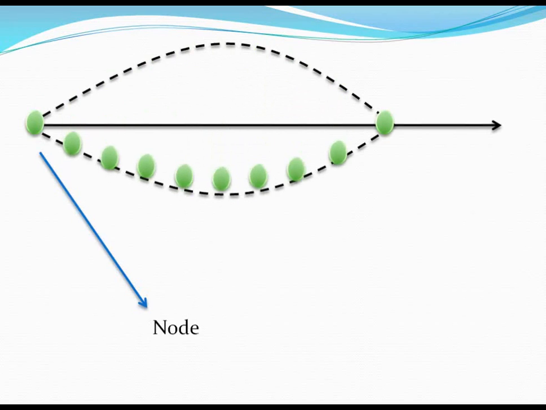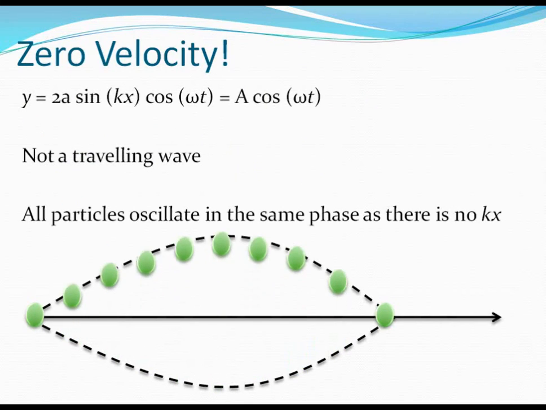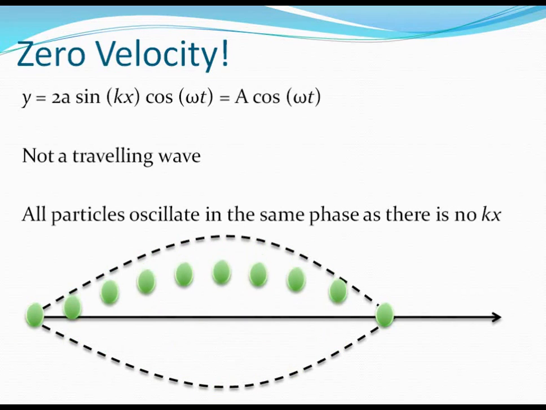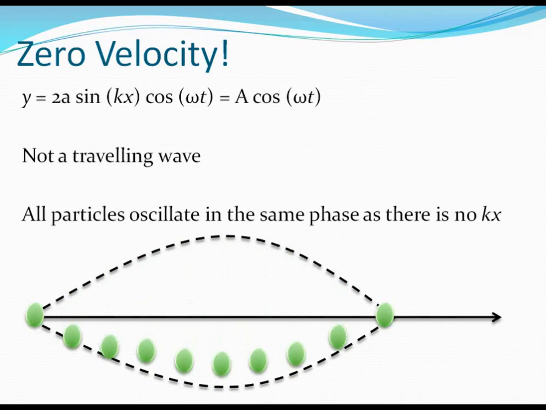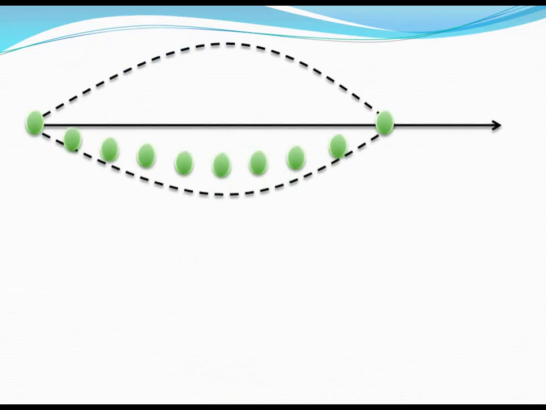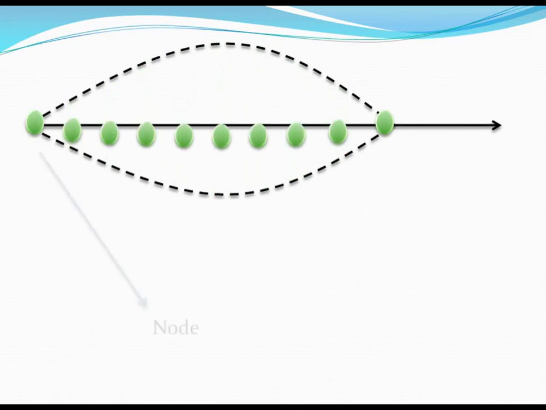Because if we go back, we will see that the amplitude is 2a sin kx, and there will be a point where 2a sin kx will be 0. The amplitude will be 0. At all the points where the amplitude is 0, the particles will always remain at rest. So this particle, and similarly other particles for which 2a sin kx is 0, will always remain at rest.